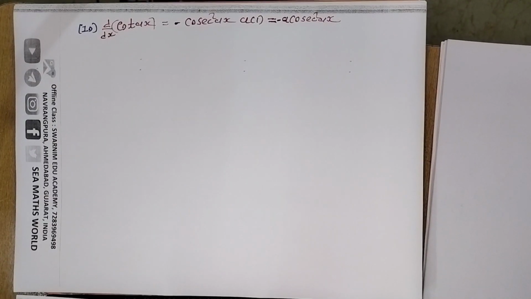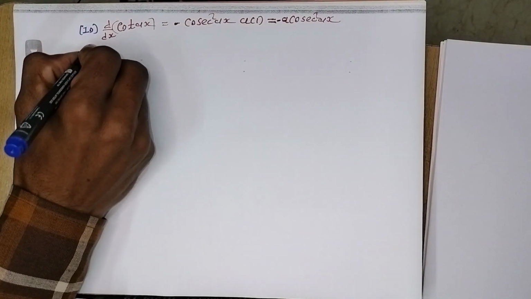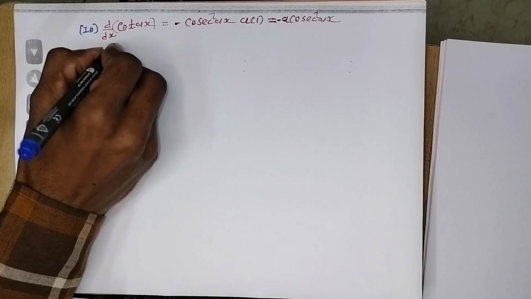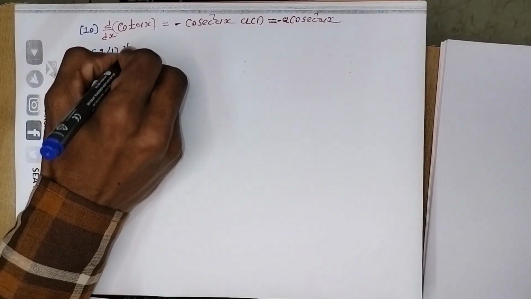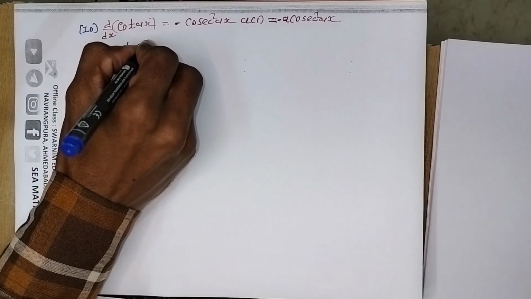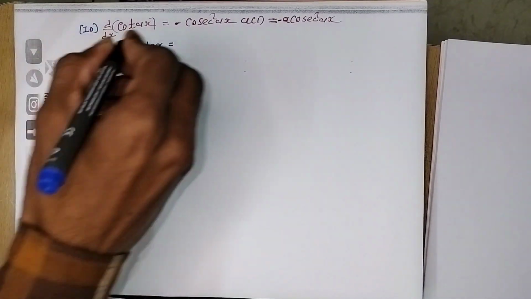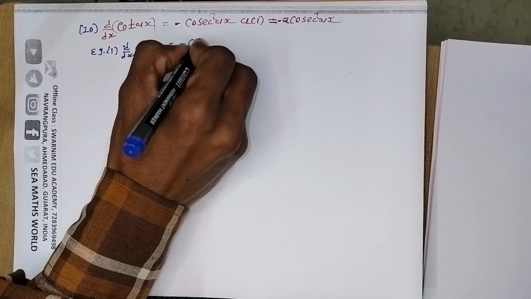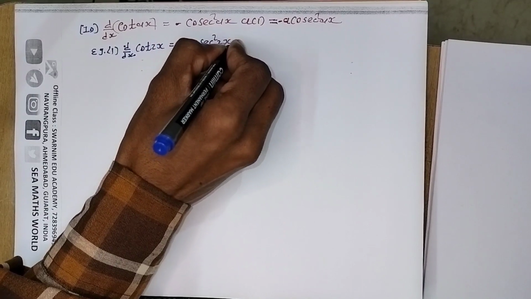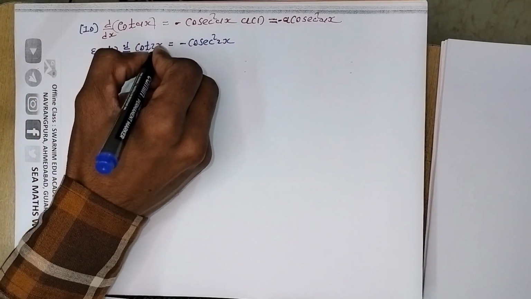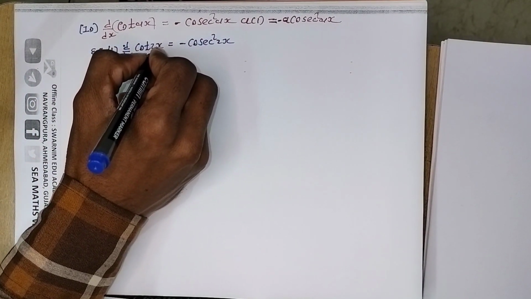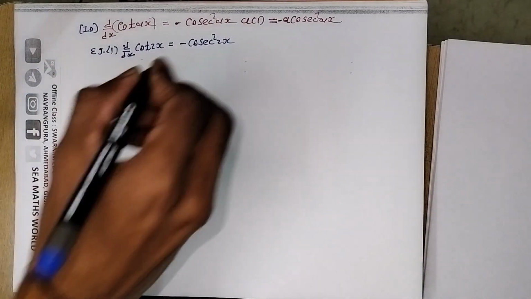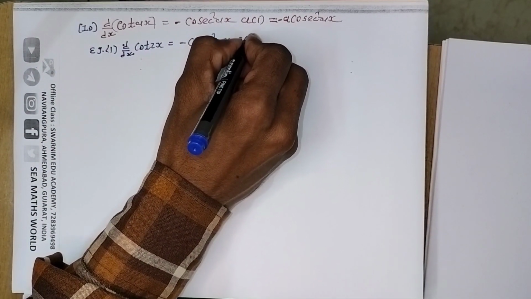Now let's understand it through the example. Differentiation of cot 2x is equal to minus cosec square 2x. Then differentiate the angle. Here it is 2x, differentiation will be 2, x differentiation 1.